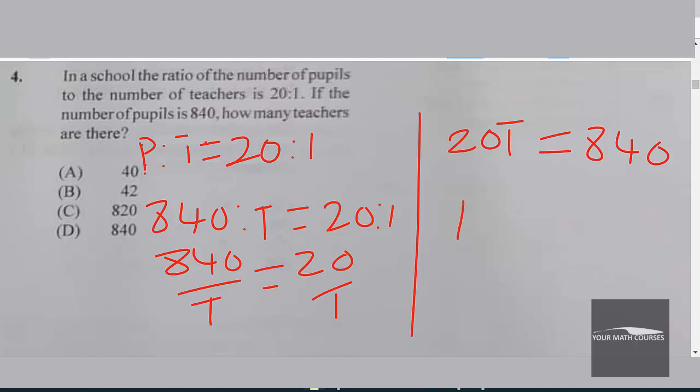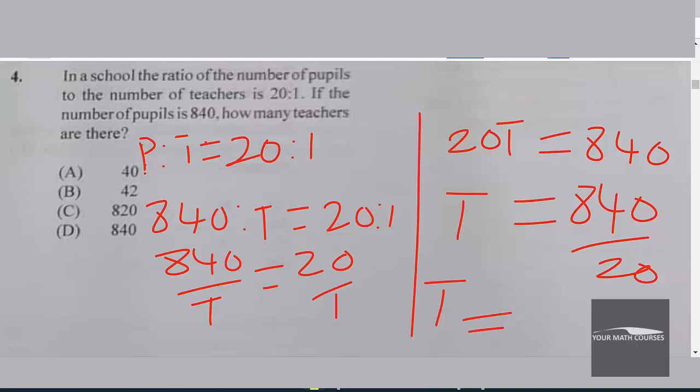So we divide both sides by 20, you get 840 over 20, and that will be equal to 42. So there are 42 teachers.